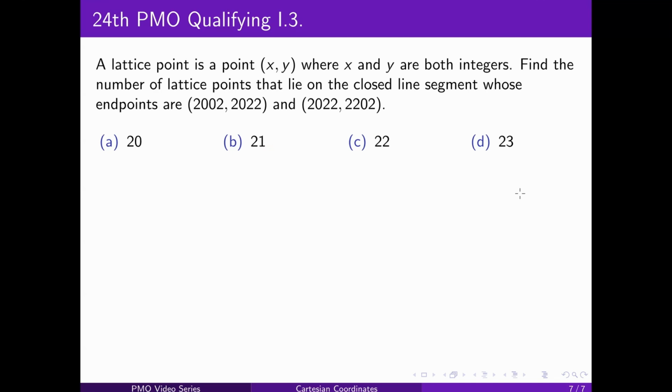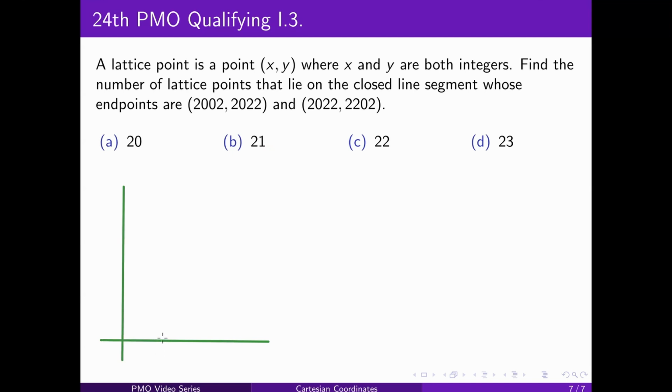This time, we're asked a different question. So we want to count the number of lattice points. We could try drawing what the figure looks like, although the numbers are pretty big, so we won't really make it to scale anymore.